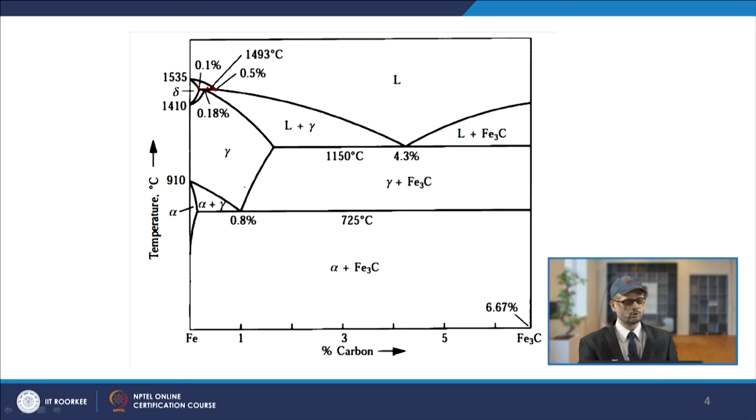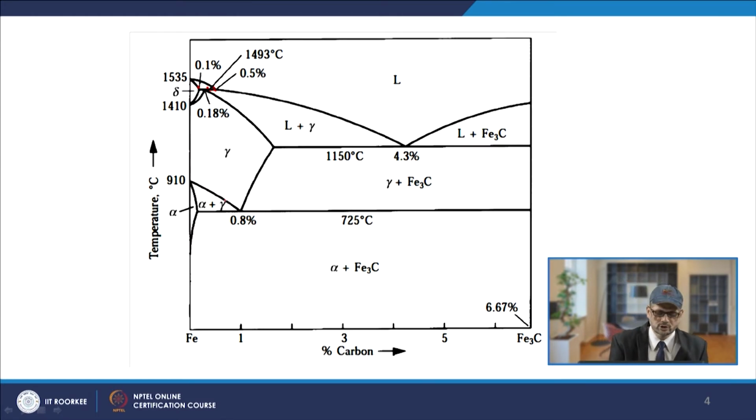If you go just below 725, then you are getting alpha on this side, and on this side you have the Fe3C line. So, above 725 you are getting alpha plus gamma, below 725 you are getting alpha plus Fe3C. Now, the percentage of ferrite for above 725.